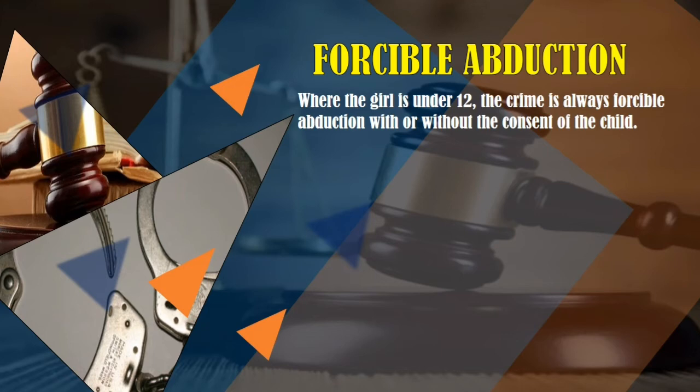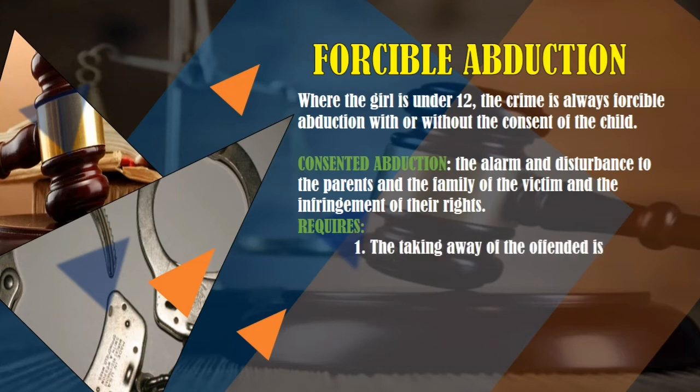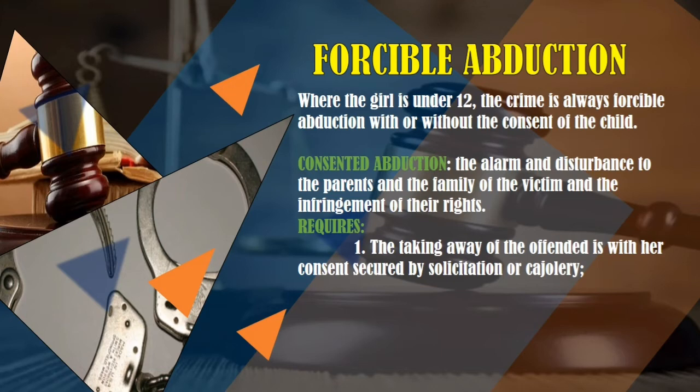Now, in the case of consented abduction, the gravamen or the essential element of the offense is the alarm and the disturbance to the parents and the family of the victim in the infringement of their rights. So it requires that the taking away of the offended is with her consent secured by solicitation or cajolery.